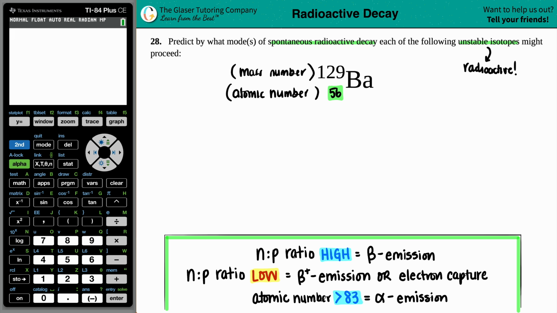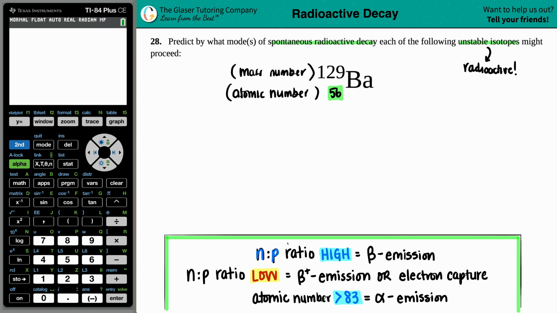To find that out, we have to find the N/P ratio. N stands for neutron, so we would have to find the total number of neutrons. P stands for proton, so you would have to find the total number of protons. Since it's a ratio, you would divide these numbers and see if it's stable or not. But that takes a lot of time, so I have a better way of doing it.